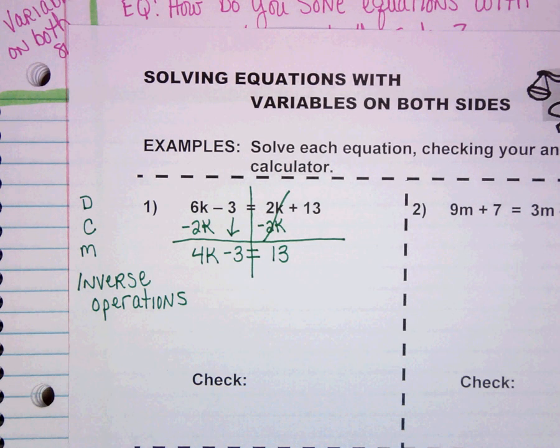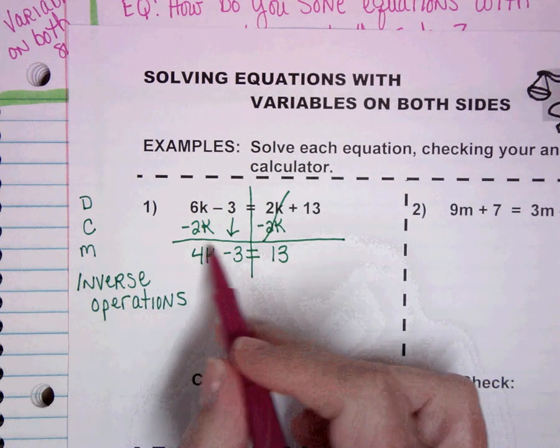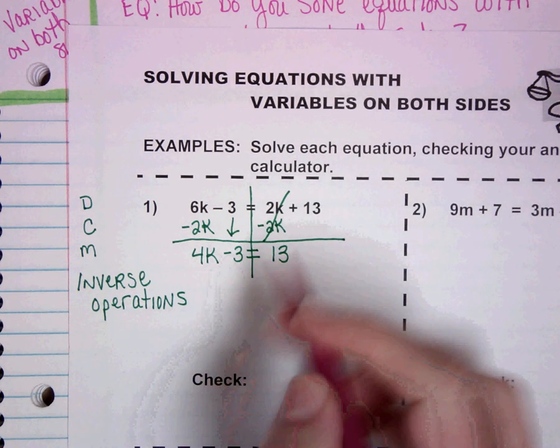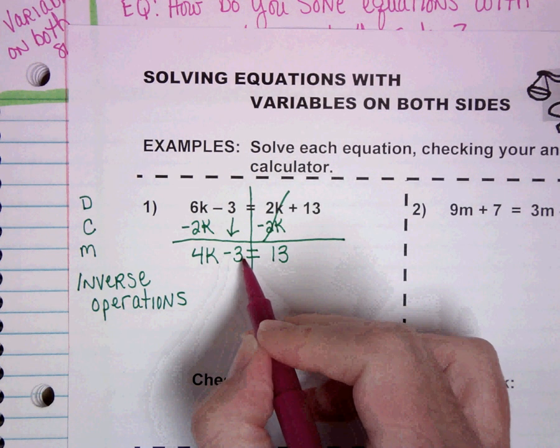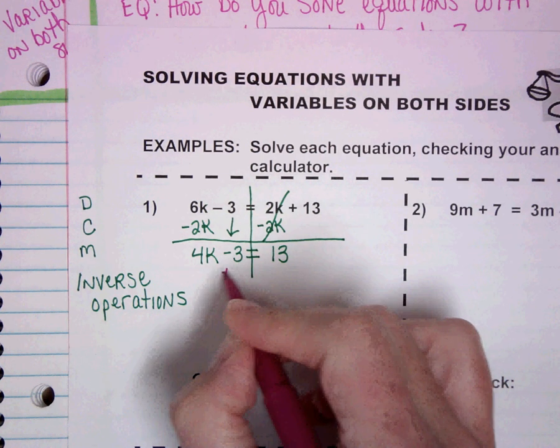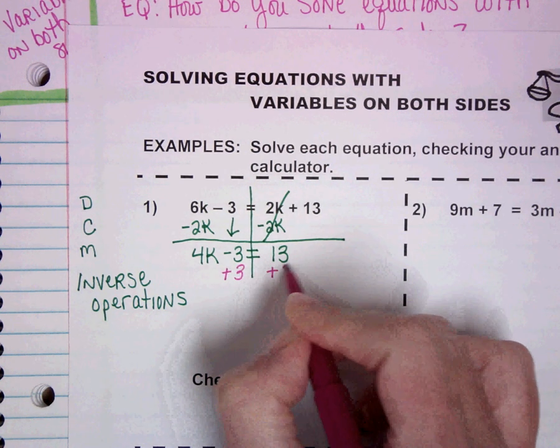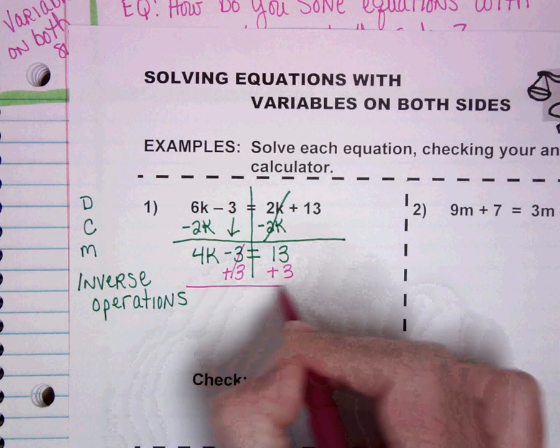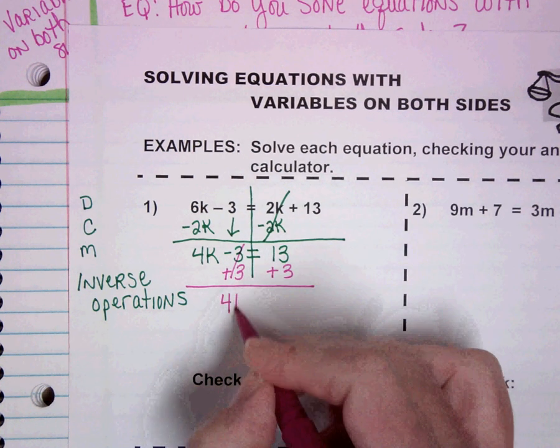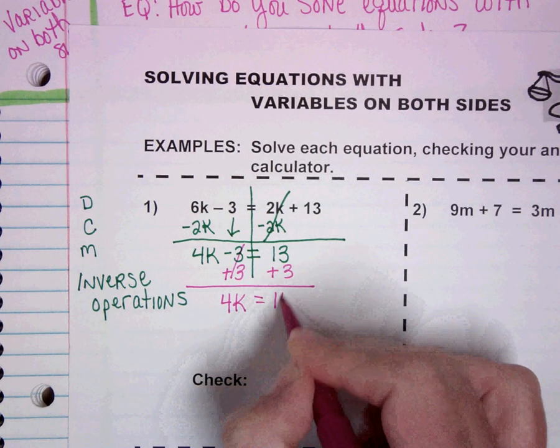The next thing to do is to add or subtract the constant. Remember, a constant is a term without a variable. So if we're trying to get K by itself, that means we want to cancel out the minus 3. So we are going to add 3. This makes a 0 pair. And now I have 4K equals 16.